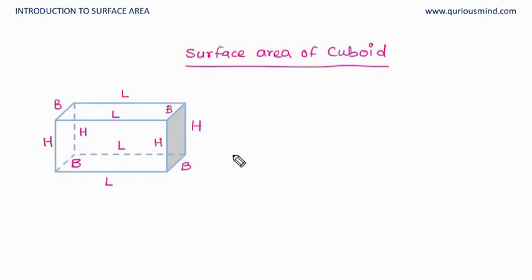And let's now find the area of each surface. So the area of the front and back rectangle will be same. They would be congruent.